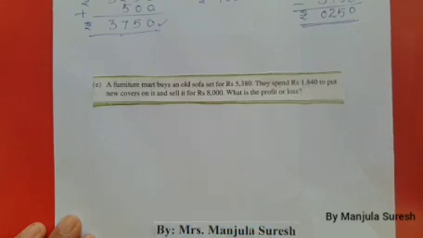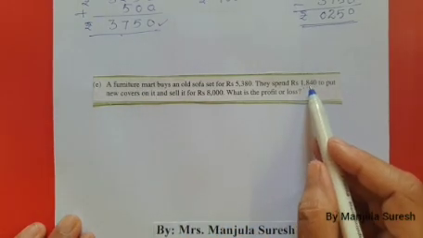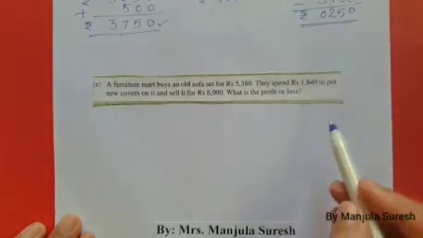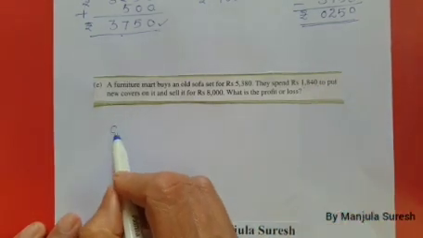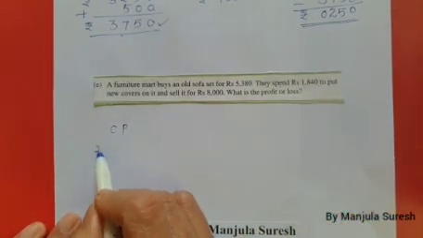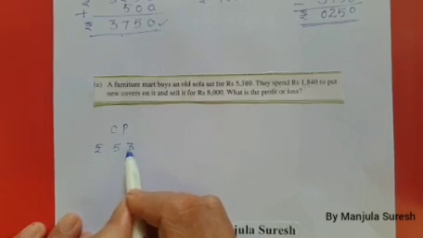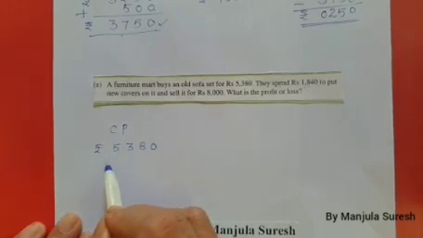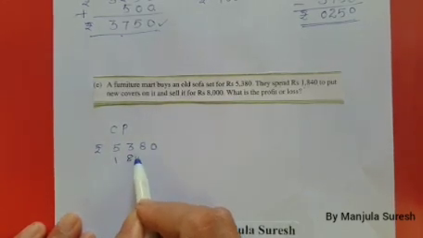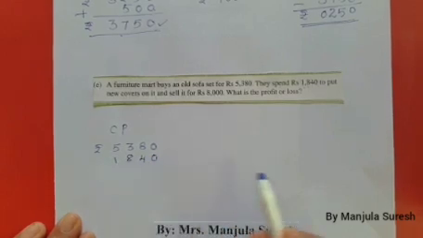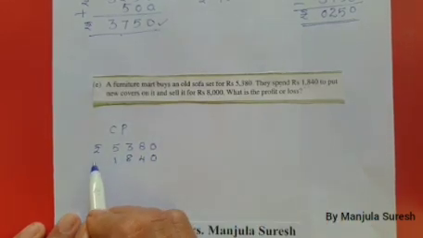So they are making it new by spending more money on it. So rupees 1,840 is the extra expense on it. So his cost price will be rupees 5,380 and extra expense 1,840 he put on for new covers and all.